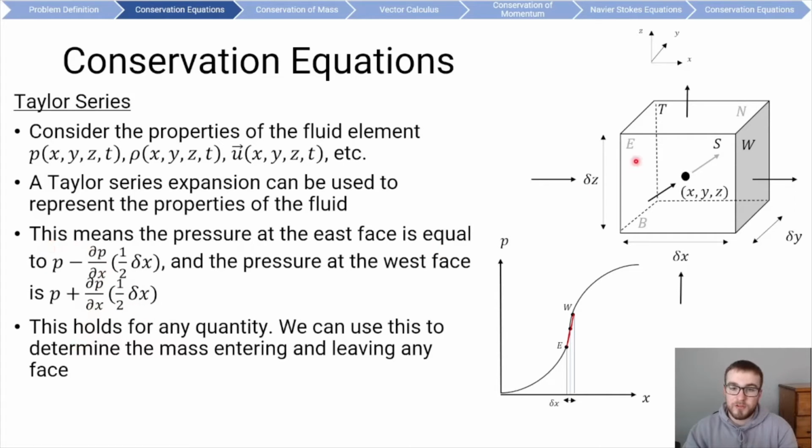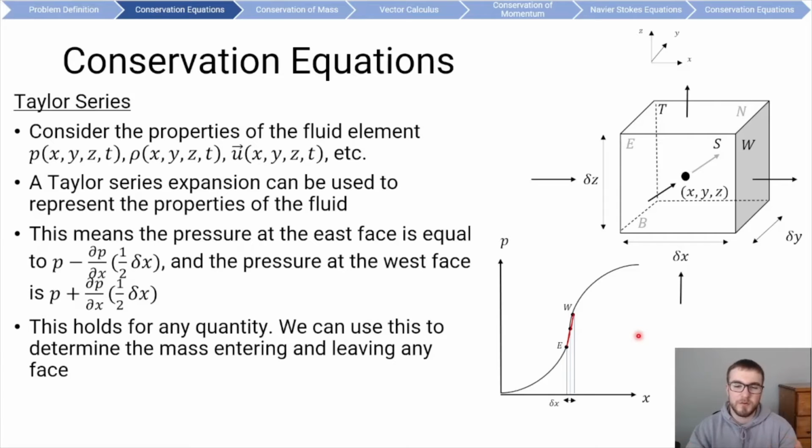And the pressure at the east face similarly can be described as the pressure at the center, and then the derivative would be minus dP dx, and then the distance will be a half delta x. So this linear Taylor series expansion can be used to describe the pressure at the west face and the east face in terms of the cell center.